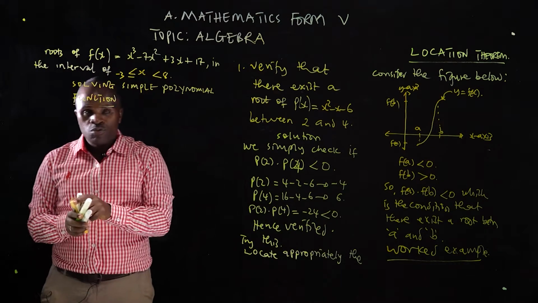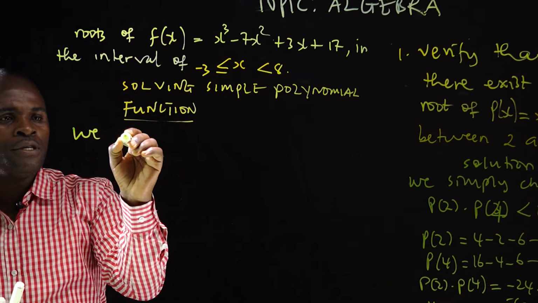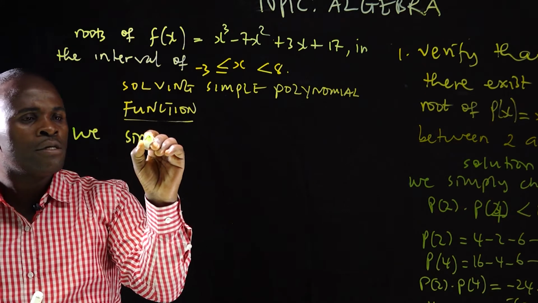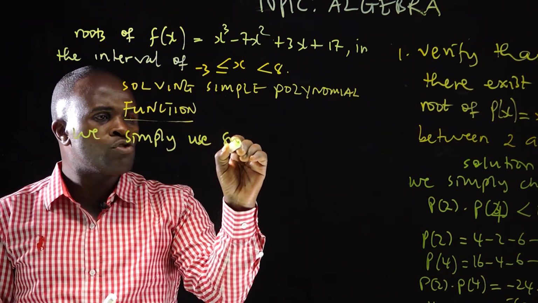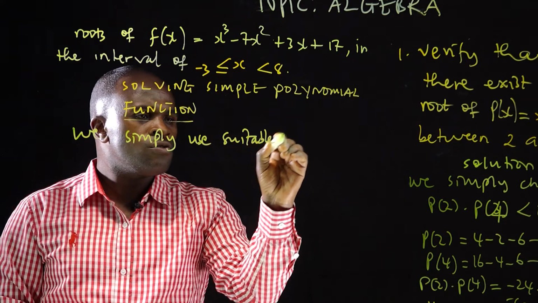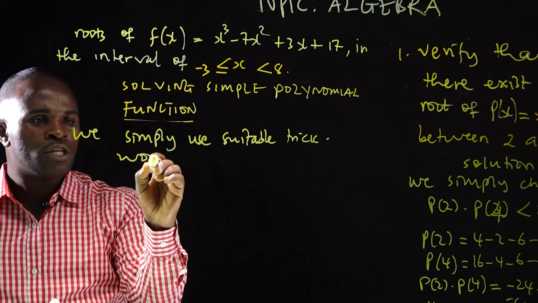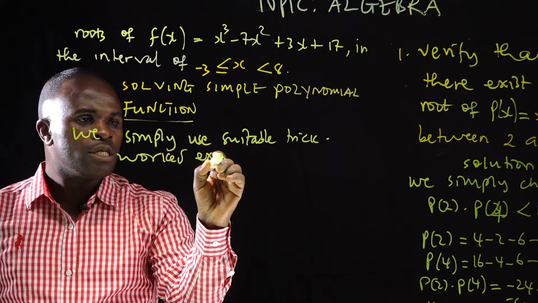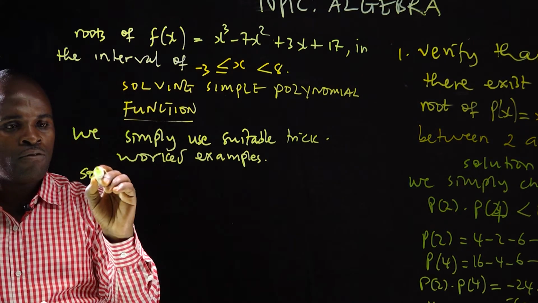We simply have to work carefully. We simply use a suitable trick. So we say worked example. Let's check some worked examples here. Worked examples of solving simple polynomial functions says solve.